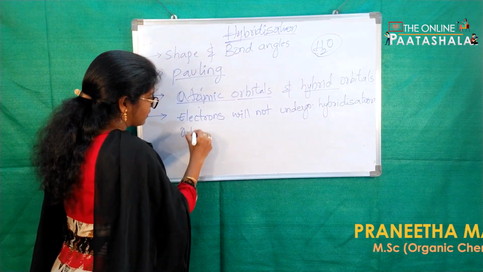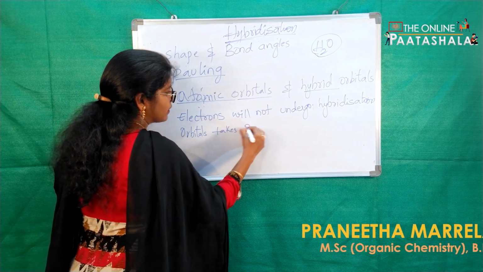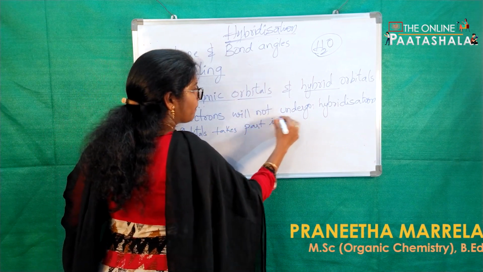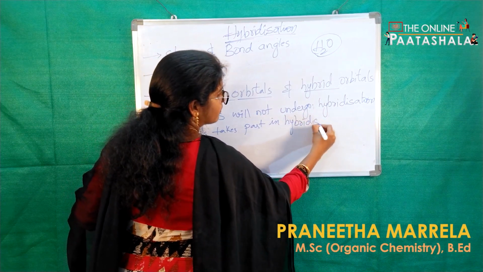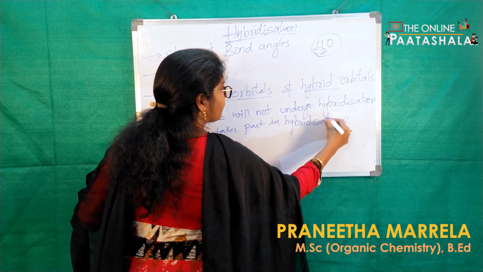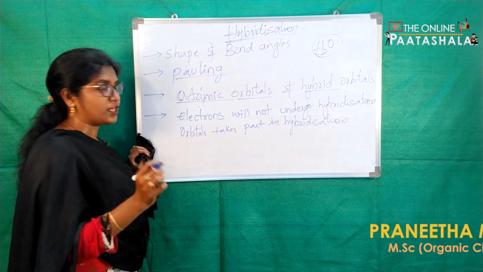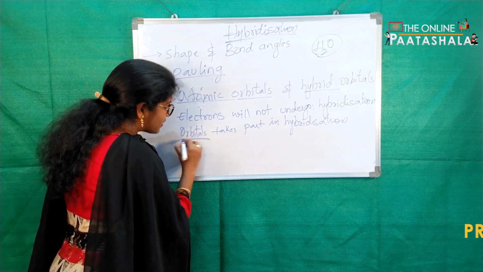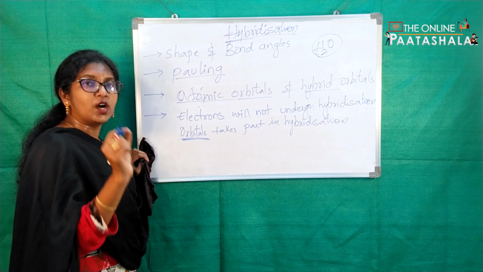Orbitals take part in hybridization. Understood? Electrons will not undergo hybridization. Only orbitals will be hybridized and form hybrid orbitals.